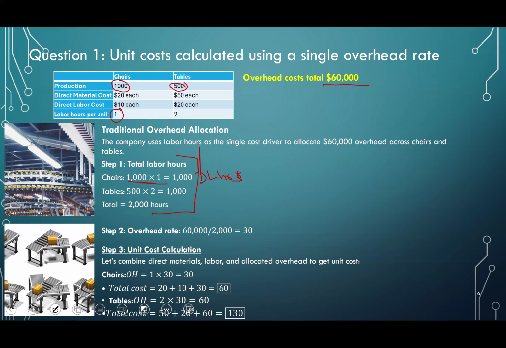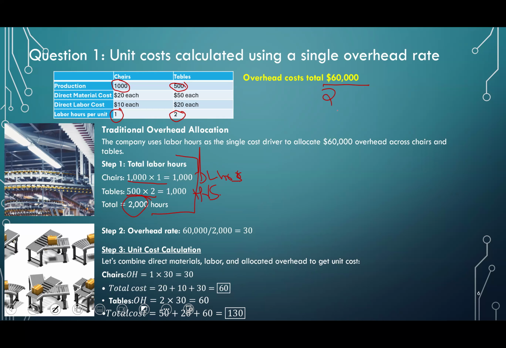Similarly, if I make 500 tables and each table requires 2 hours, then I multiply and I say I would be requiring 1,000 hours in making the tables. Total number of hours used by the company as a whole, tables plus chairs, equals 2,000.